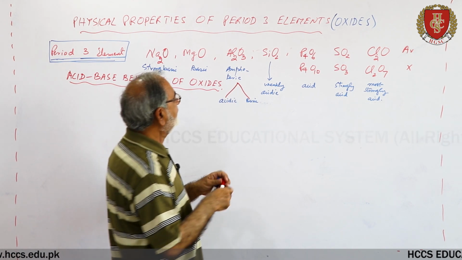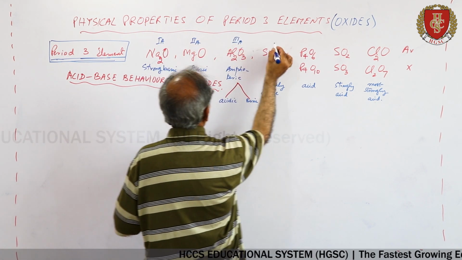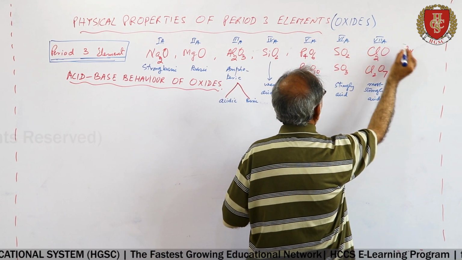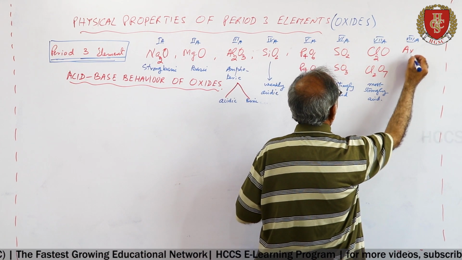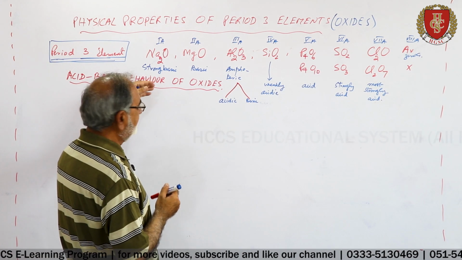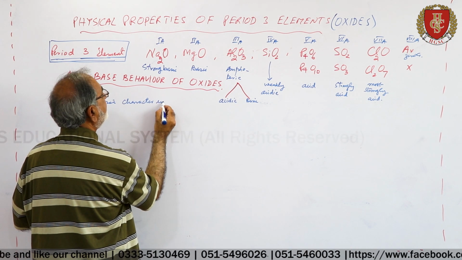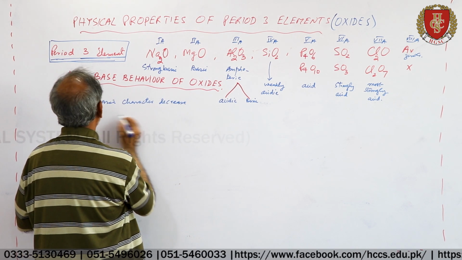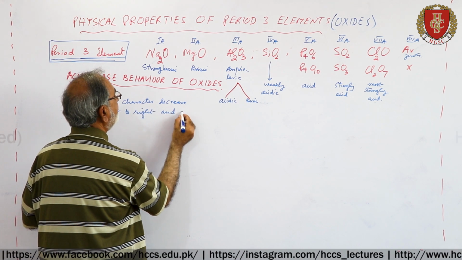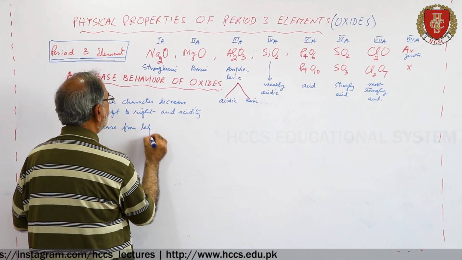The silicon dioxide, this is group 1A, 2nd A, 3rd A, 4th A, 5th A, 6th A, 7th A, 8th A are 0 group. So you can say the basic character decreases from left to right, and the acidity increases from left to right.